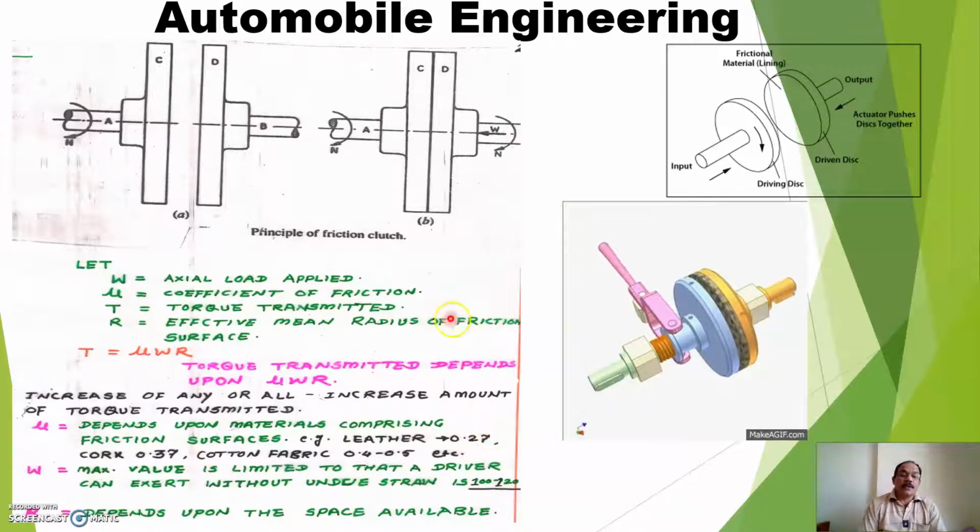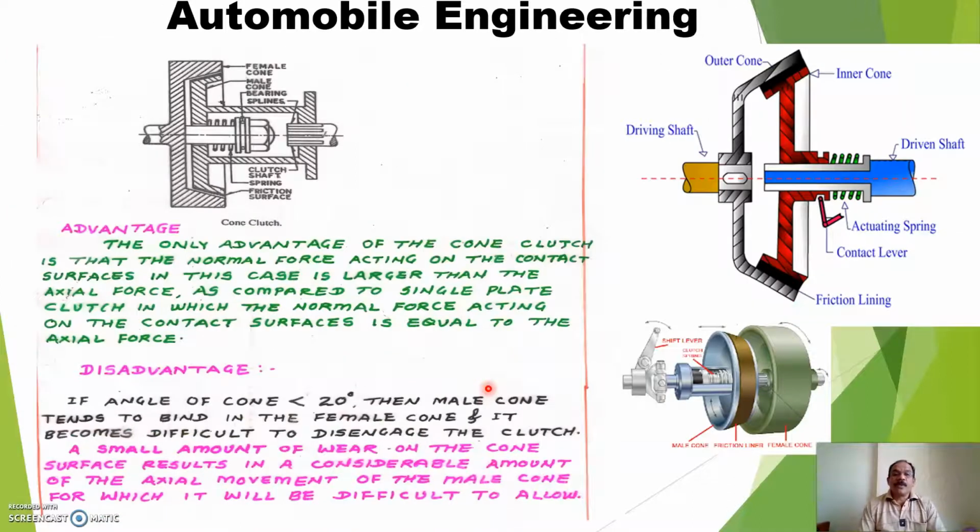So this is the principle behind the friction clutch. Now here a cone clutch is shown. These cone clutches are generally used where power transmission is required at 100% efficiency, meaning whatever torque is generated in the input shaft will be transmitted to the output shaft.